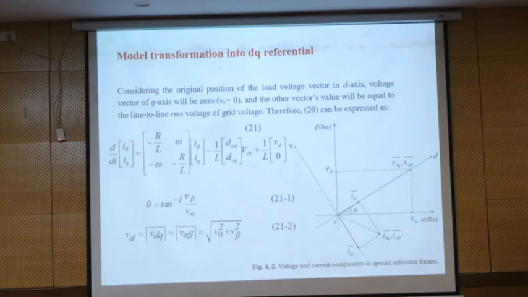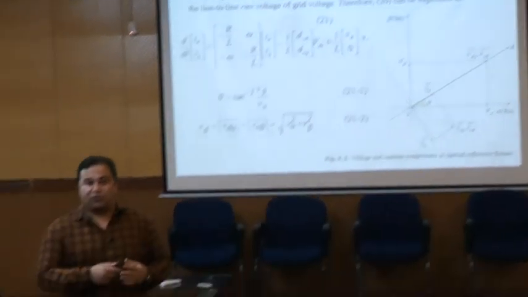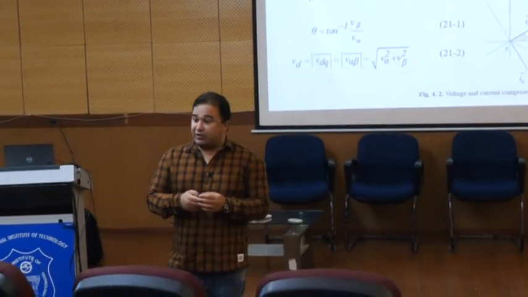Now we said that we are going to design a controller, and for this we need to proceed with the dynamic model of the system. And as all of you know, what is the benefit of this dynamic model? Navina, why do we need the dynamic model of the system to design a controller?